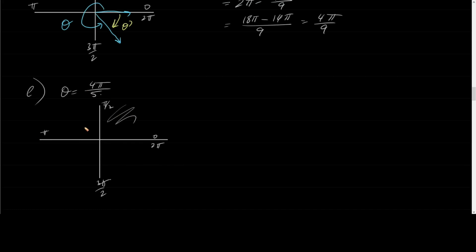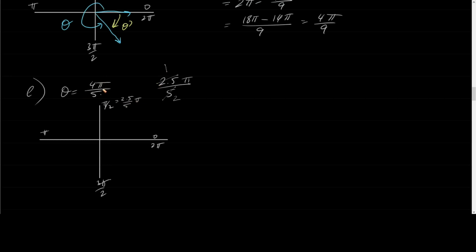Now, which one? Well, recall that this right here would be pi over 2, so half of pi. Half of pi would be equivalent to saying 2.5 pi over 5, because 2.5 goes into itself once, and 2.5 goes into 5 two times. So this right here is just 2.5 over 5 pi.